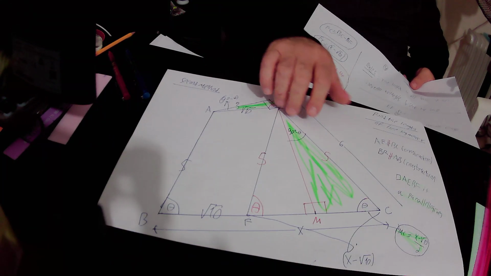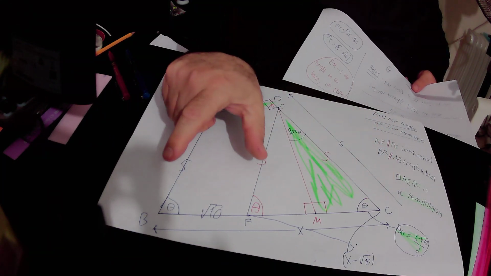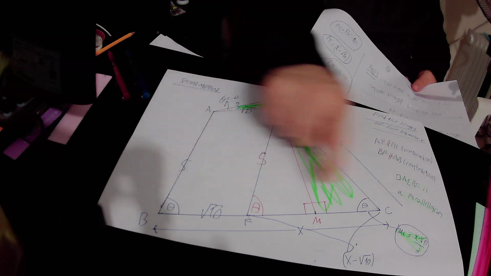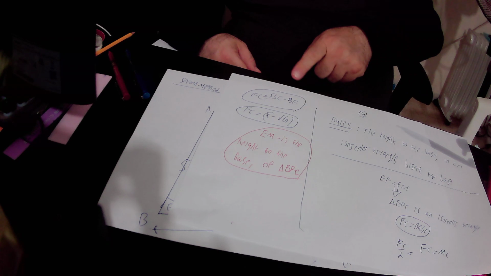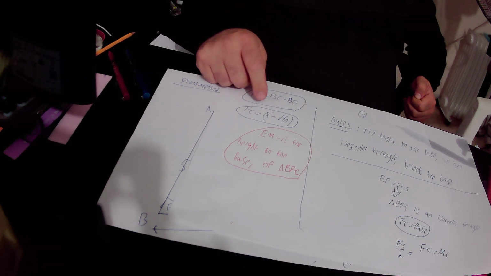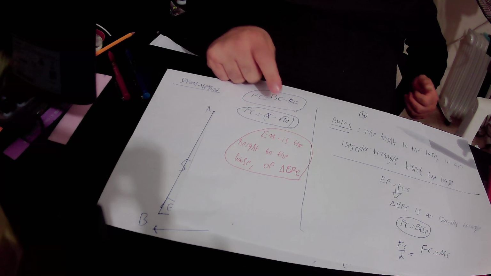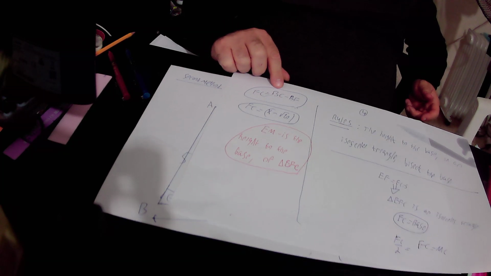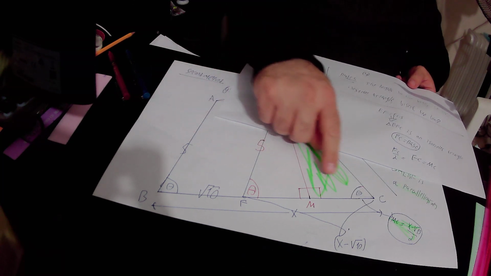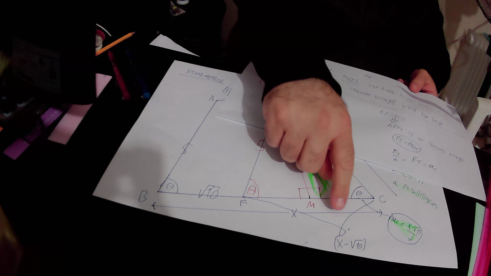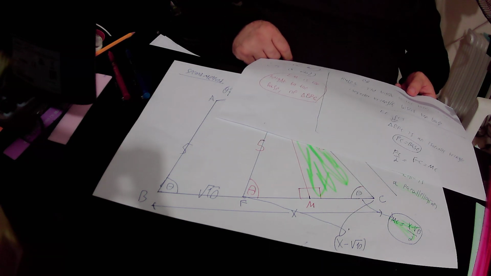It is very easy to see from the drawing that BC minus BF equals FC. So if FC equals BC minus BF, BC equals X according to what is given in the question, and BF equals square root of 10 units. So in conclusion, FC equals X minus square root of 10 units.